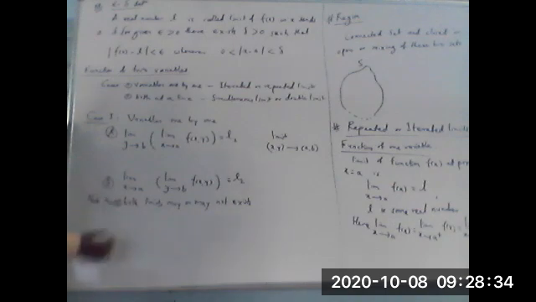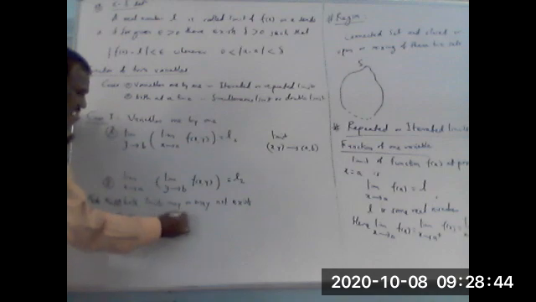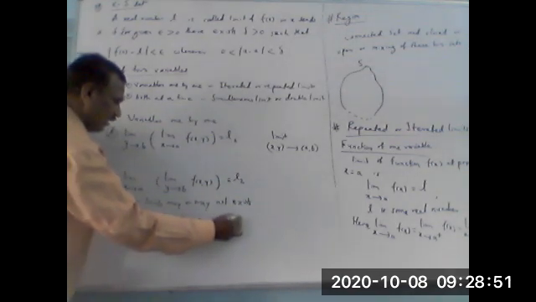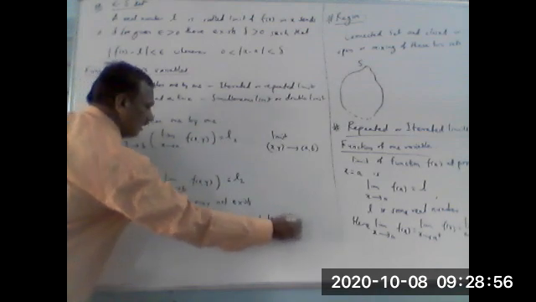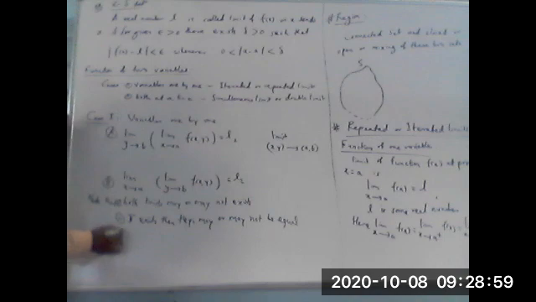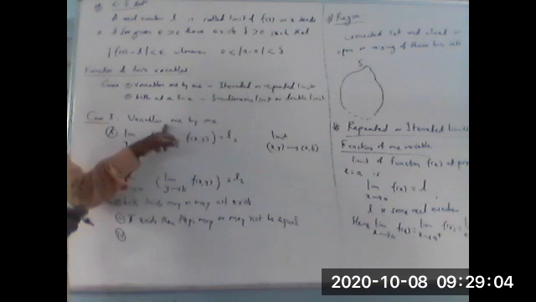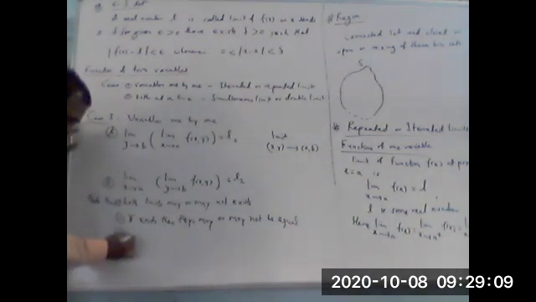Second, if they exist, then they may or may not be equal. And third, whenever we are considering one variable, we keep the other variable constant.